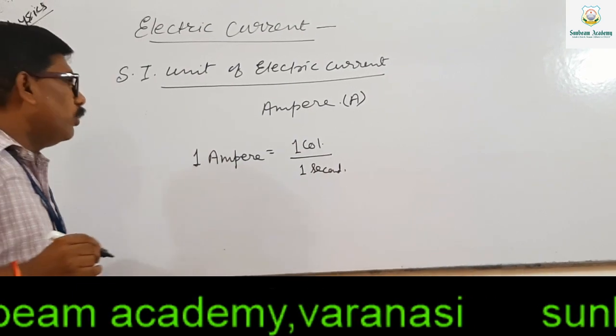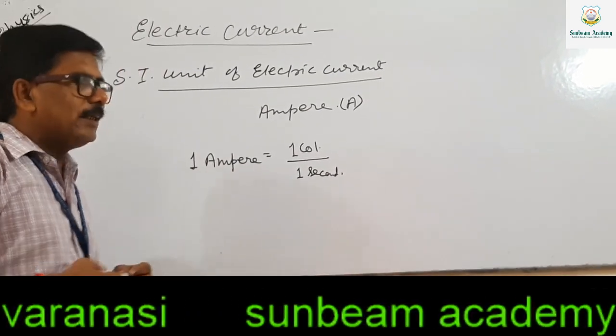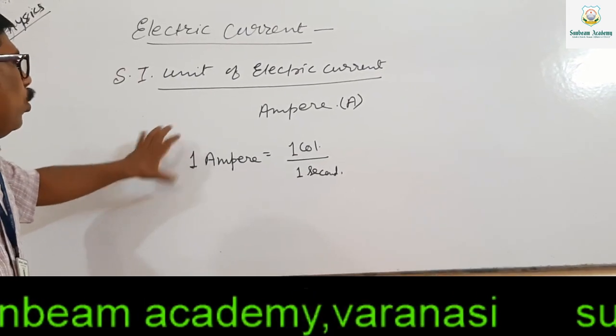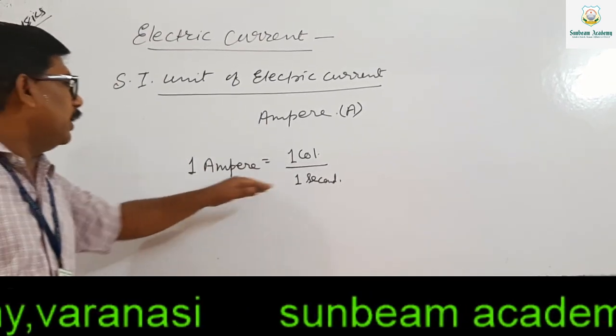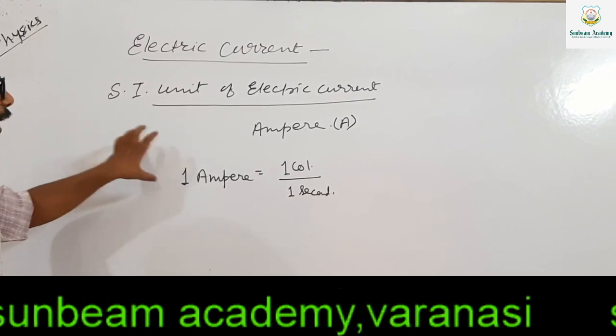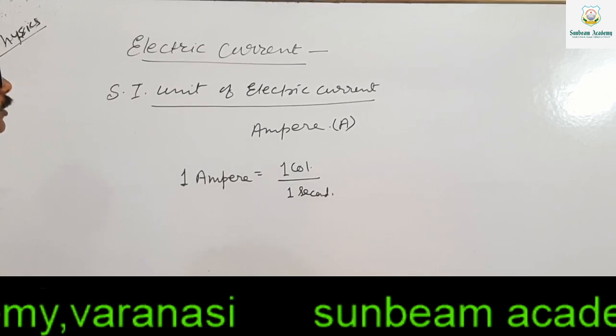If you have to define how you will define 1 ampere, it means in a conductor when 1 coulomb of charge is flowing through it in 1 second, then you can say that in that conductor 1 ampere of current is flowing through it.